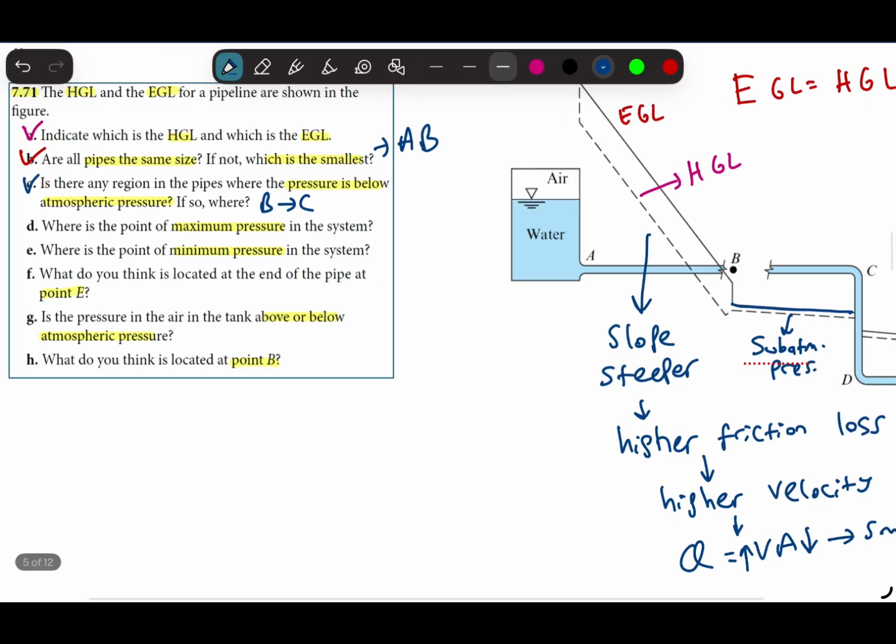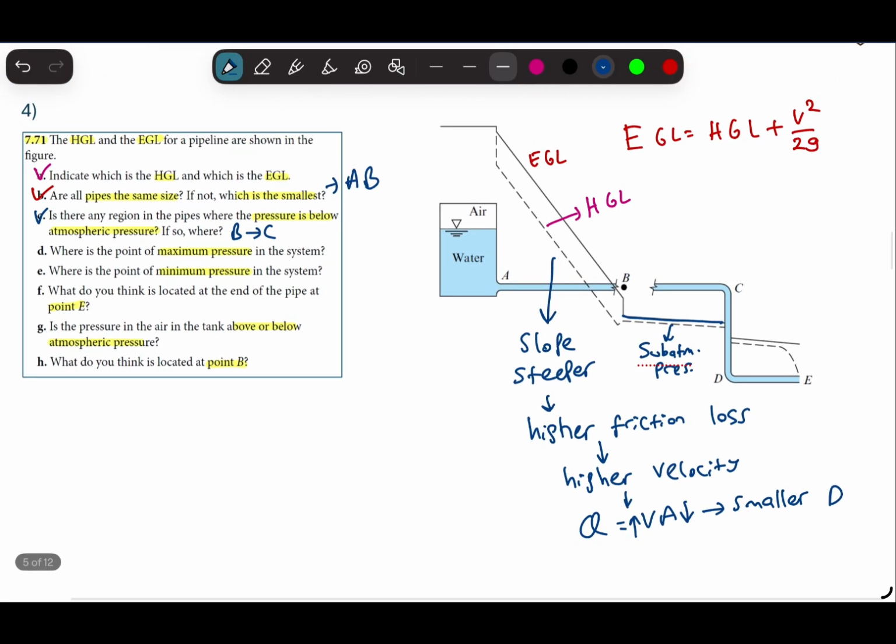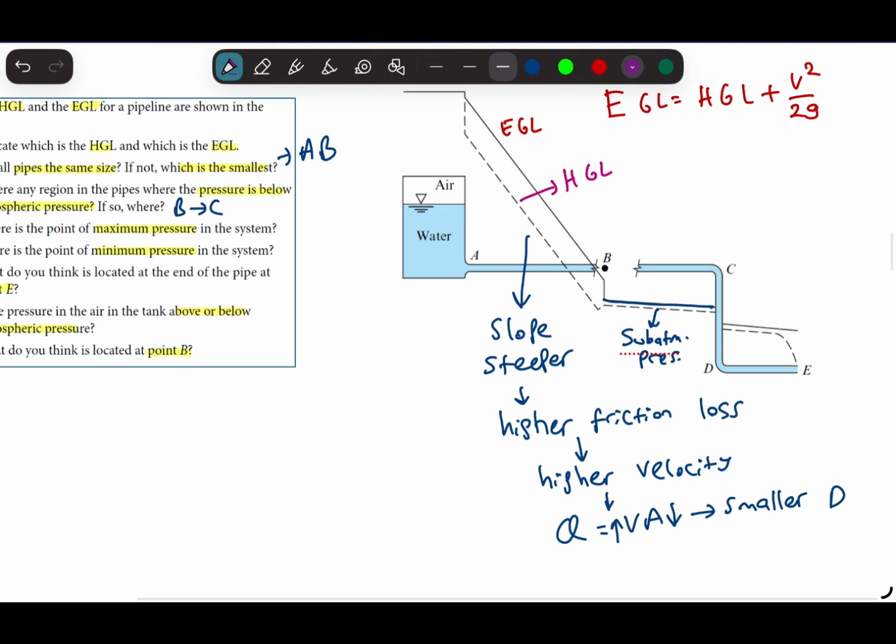So where is the maximum pressure and the minimum pressure? Here we can say the bottom of the tank has the maximum pressure, because there's a static pressure here, we have pressure from the air.